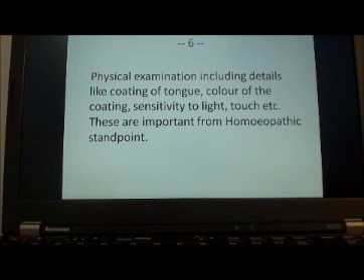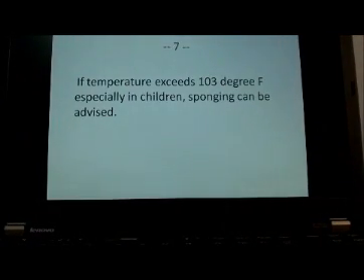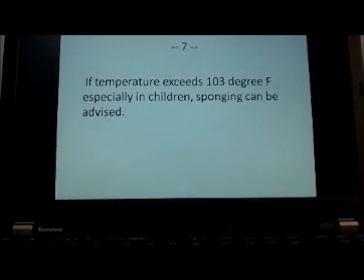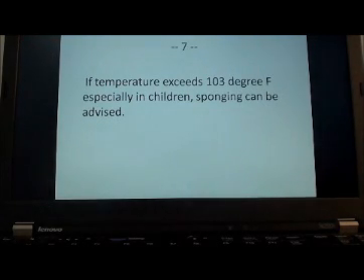These are important. Normally for diagnostic purposes these things may not be important, but they are important from the homeopathic standpoint for drug differentiation. Number 7, if temperature exceeds 103 degrees Fahrenheit, naturally the parents are worried.